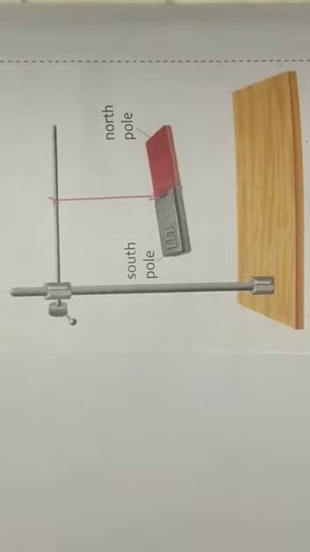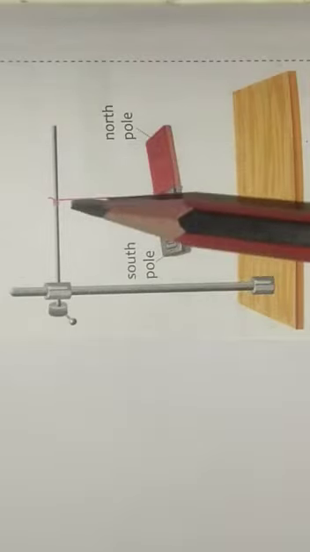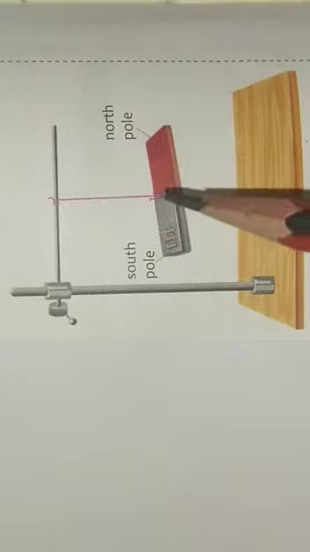If we freely suspend a magnet, it always comes to rest in a north-south direction. This property of the magnet is known as the directive property of the magnet. In this diagram, you can see the magnet freely suspended with the help of this inextensible thread.